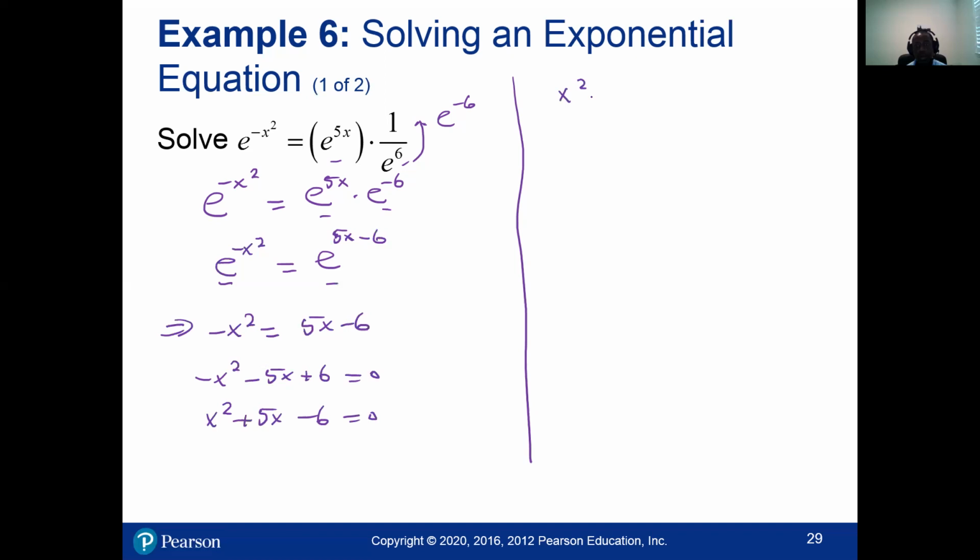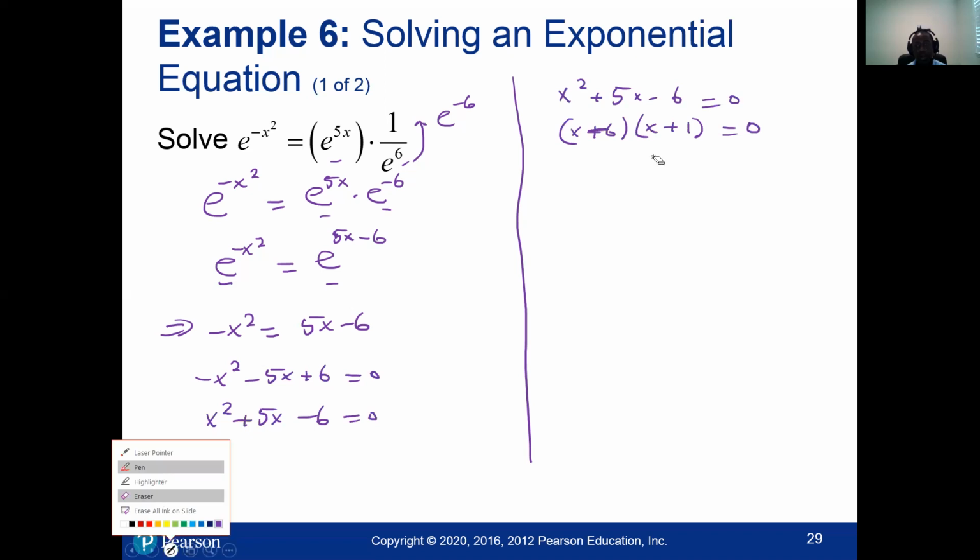Now let's factor this. We have x squared plus 5x minus 6 equal to 0. So what are the factors? It'll be x minus 6, and x plus 1. So x minus 6, x plus 1.